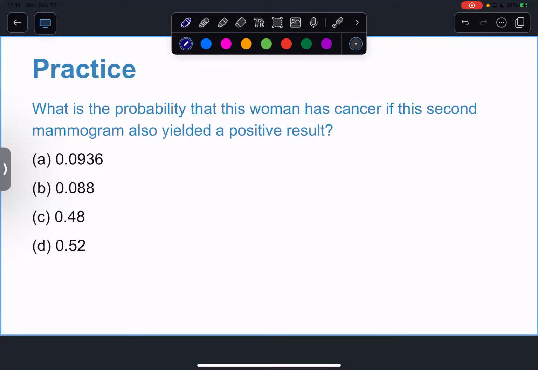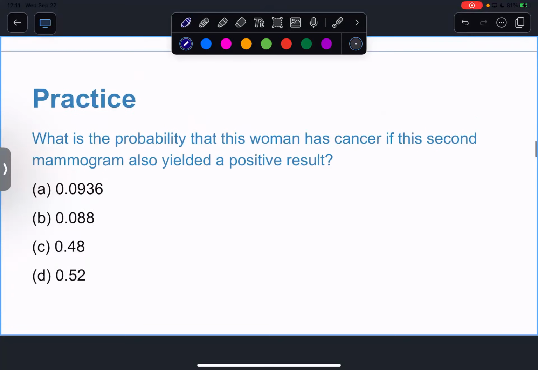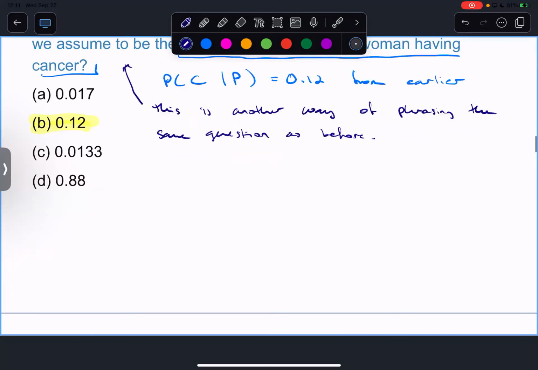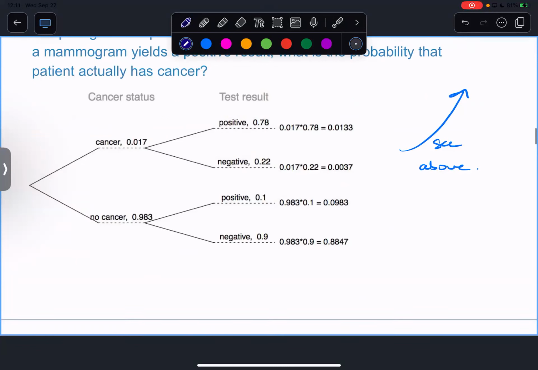What's the probability that this woman has cancer if this second mammogram also yielded a positive result? Okay, let's see here. Should I nab our trusty tree again? Maybe I'll grab this beautiful tree.